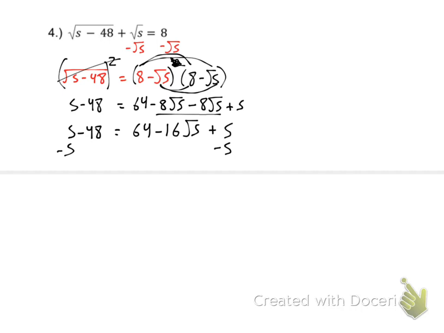The s's are gone in both cases. I'm also going to subtract 64. So those can be gone. So negative 16 square root of s equals, what's negative 48 minus 64? Well, they're both negative, so I can add them. 112. So it's a negative 112.